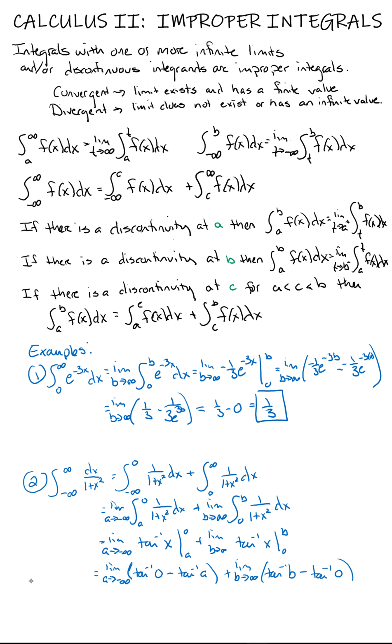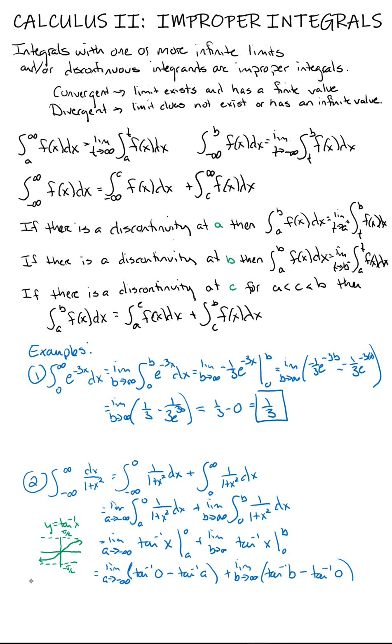I think it's going to be useful if we graph this. So if we graph y equals the inverse tangent of x, what does that look like? Just as a reference, I'll put it over here. Well, we have an asymptote at negative pi over 2 and an asymptote up at positive pi over 2. And it ends up looking something like that.